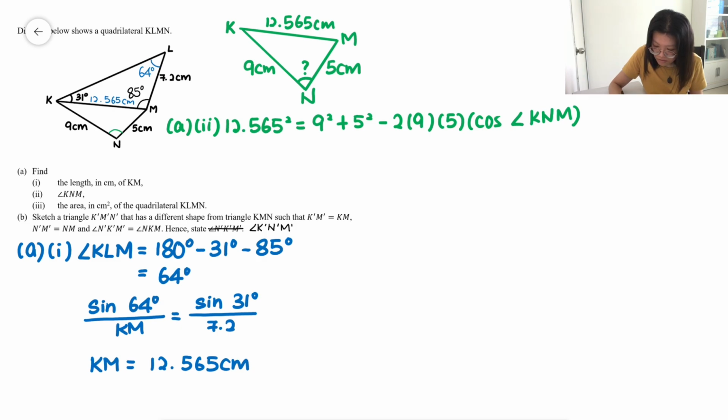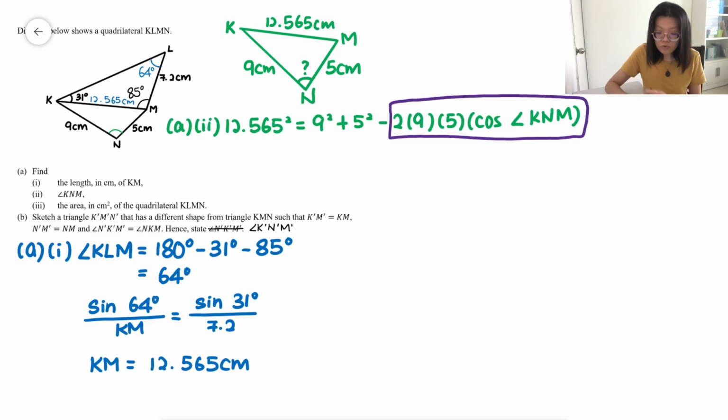And you must be careful, this is a multiplication. 2 multiplied by 9 multiplied by 5 multiplied by cos KNM. Okay, so this is a group 1.